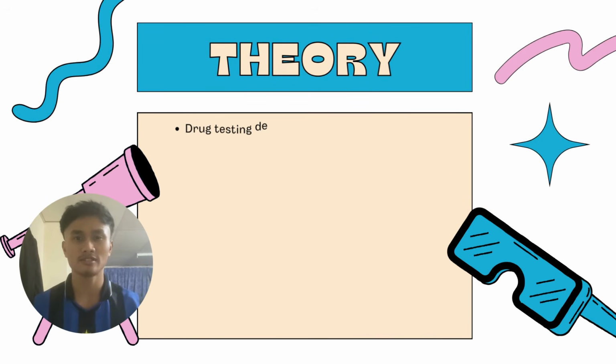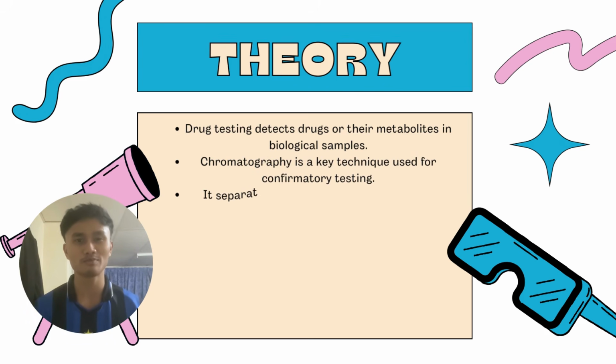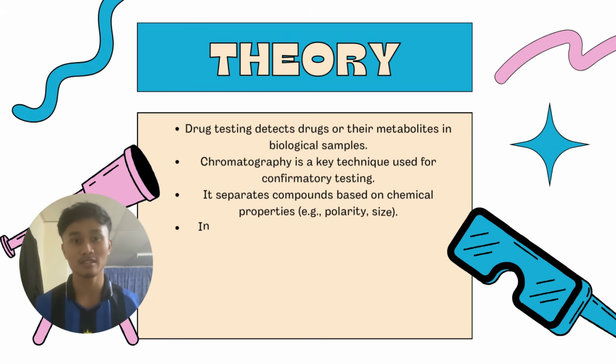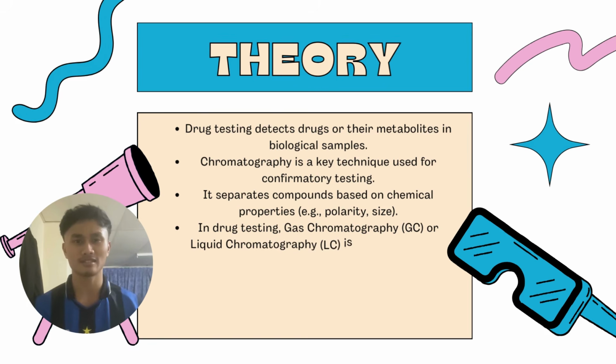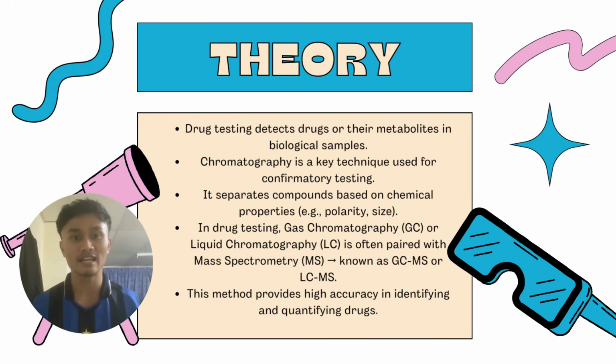Okay, in this section, we will discuss the theory behind drug testing. Chromatography is a key technique used in this process to separate compounds based on their chemical properties, such as polarity or molecule size. In drug testing, gas chromatography (GC) or liquid chromatography (LC) is often paired with mass spectrometry (MS), known as GCMS or LCMS.